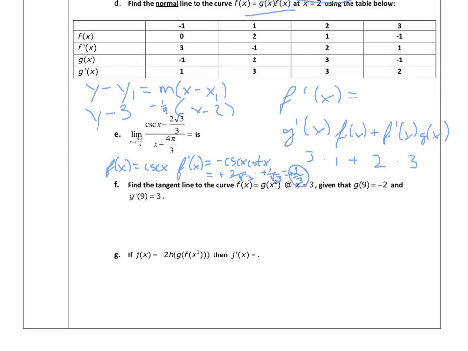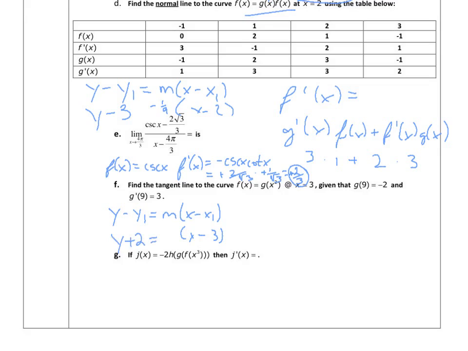Letter F here talks about tangent line to the curve. Now I'm working with my chain rule, once again symbolically. So again, tangent line, no problem. X-coordinate is 3. So f of 3 is g of 9, and I'm told that g of 9 is negative 2.